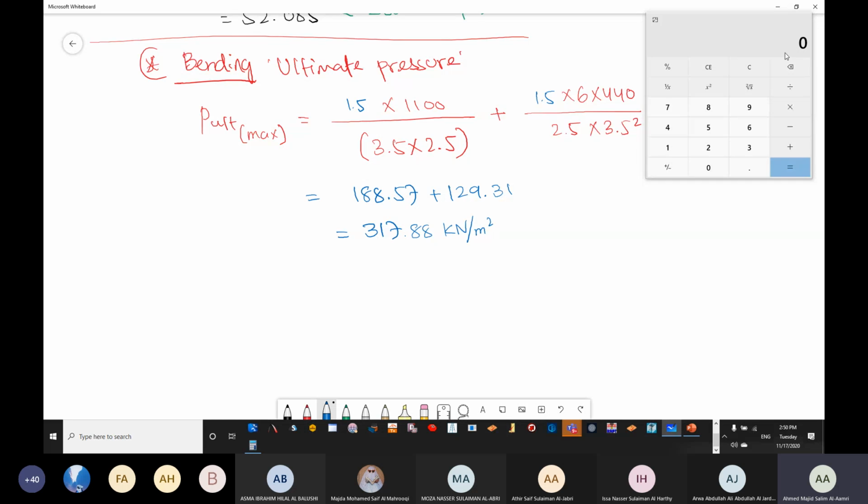So nobody should go and compare the maximum or the ultimate pressure here with the safe bearing capacity. You cannot compare two things which are already factored. The safe bearing capacity has been already factored from the beginning, and you are now taking another factor, so it's double factors. So 317. Can we have the ultimate, which is for the minimum?